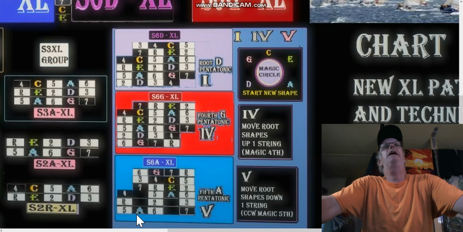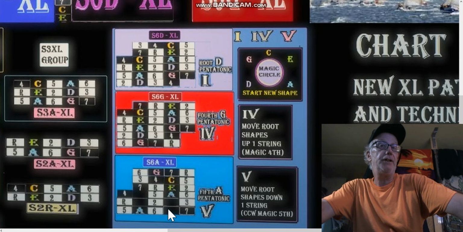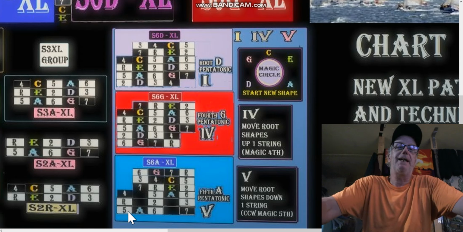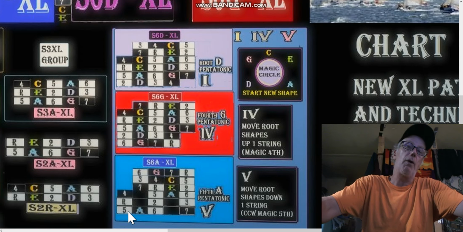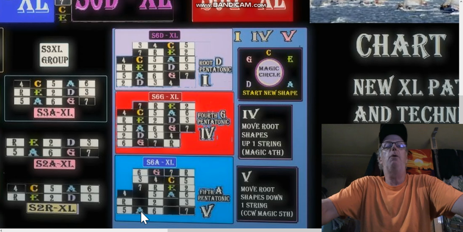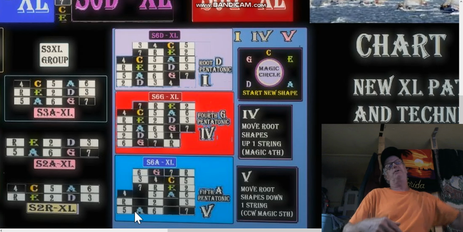Now that didn't happen on the bottom, but it did. Really the bottom was the CAGED shape that comes before the shape it became. So when we go to the left, it goes CAGED backwards.